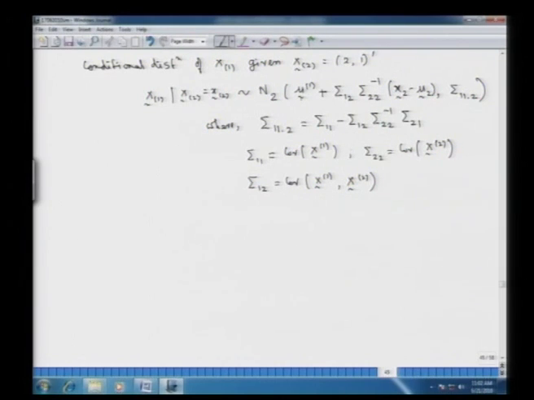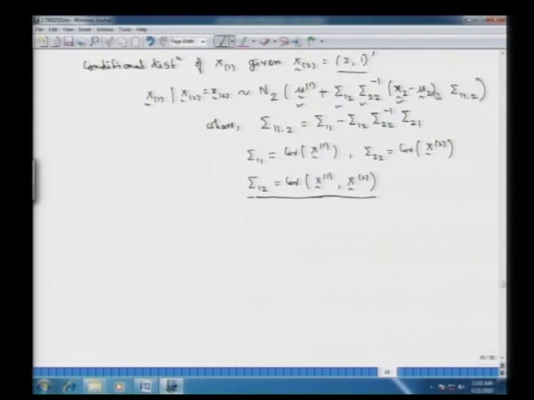Now note that we have already computed mu1, we know sigma 1 2, that is the covariance between x1 and x2 subvector. Sigma 2 2 inverse is the inverse of the covariance matrix of x2, we have also obtained that. Small x2 is this particular vector 2 1 here, mu2 is the subvector.